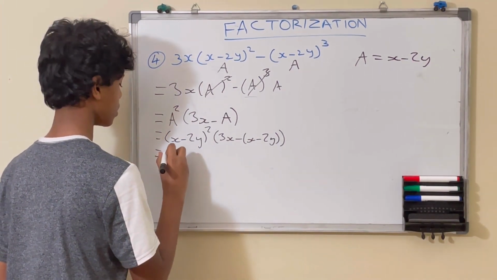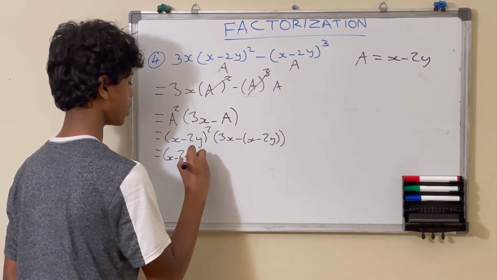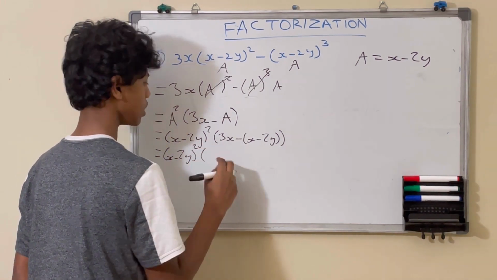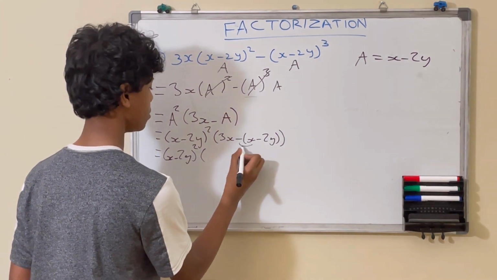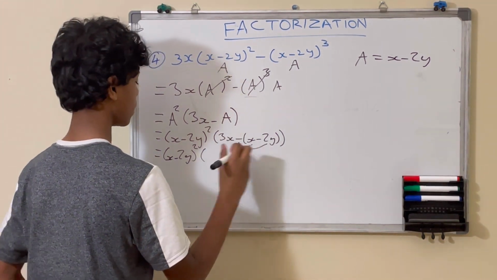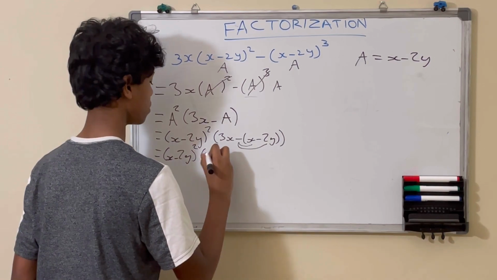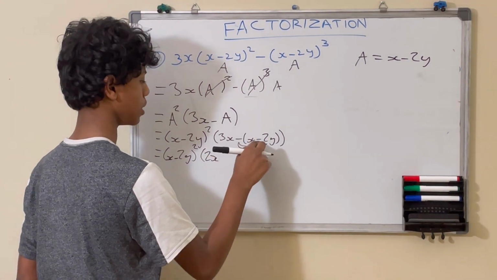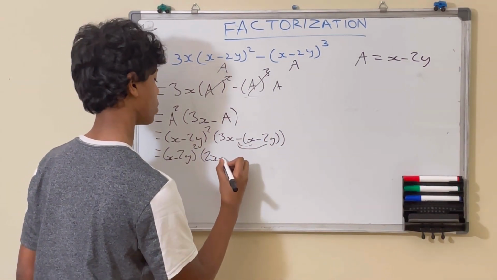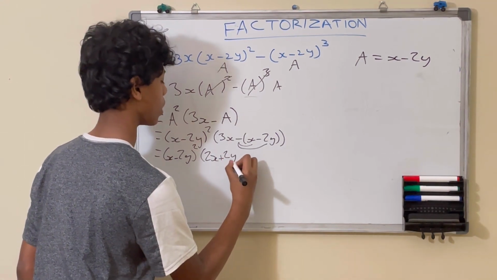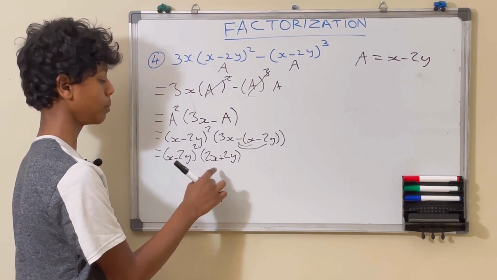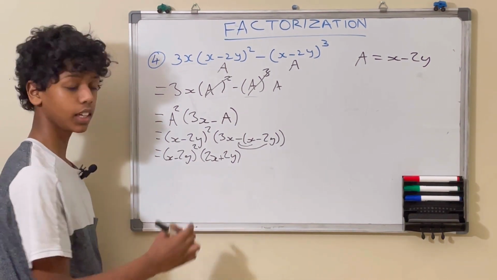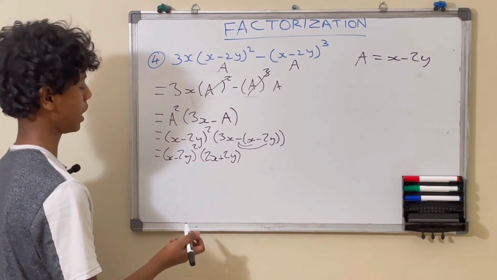So this equals (x − 2y) squared times. The negative sign distributes to both of these, so negative x, and 3x minus x is 2x. Negative times negative 2y is positive 2y, so plus 2y. Again, you can see that 2 is common in both of these terms, so we can take out 2 and factor that out as well.